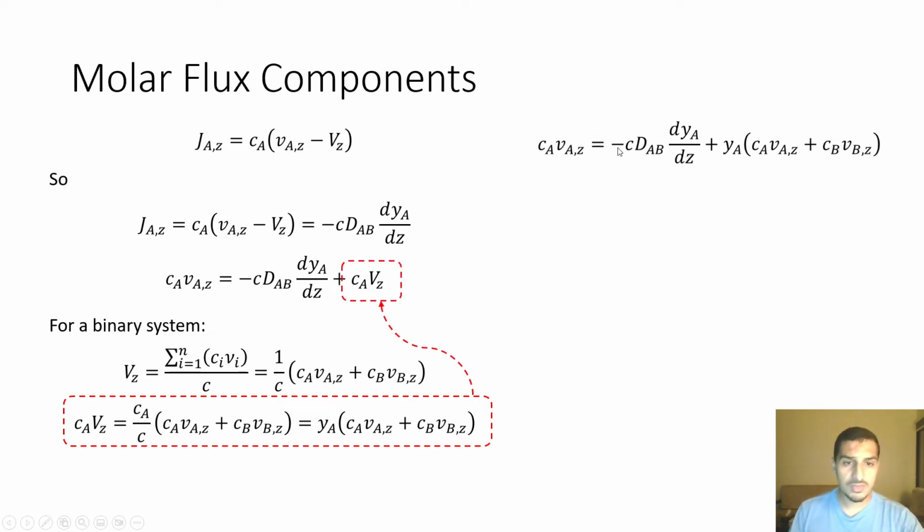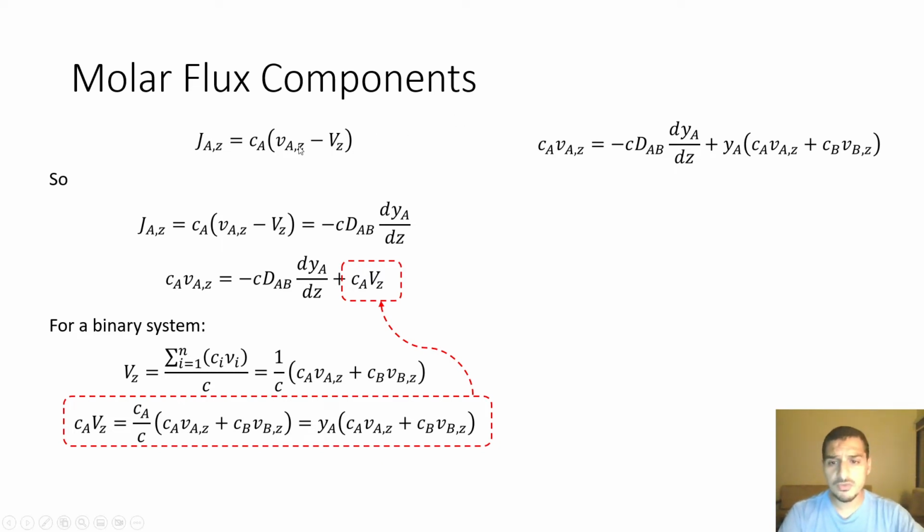And the equation would be negative C D_AB dy_A/dz, which is the first part, plus C_A V_Az plus C_B V_Bz. So now we got rid of the average velocity, which is a good step that we can take to reach a more usable form of the equation.